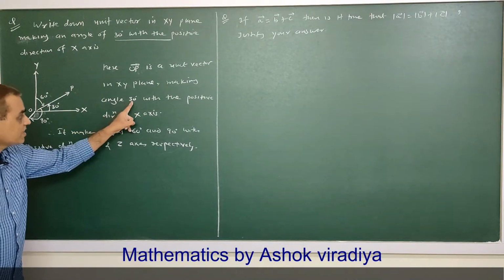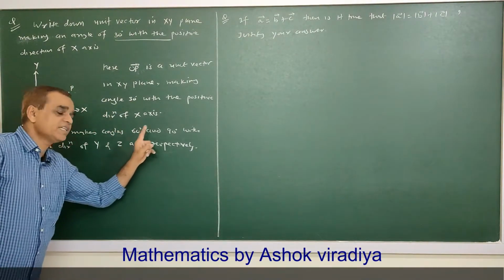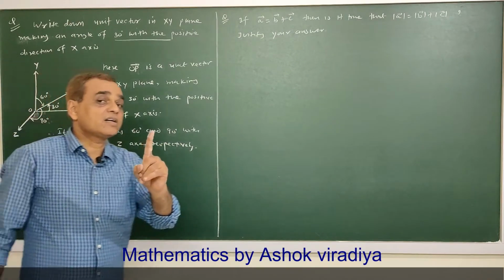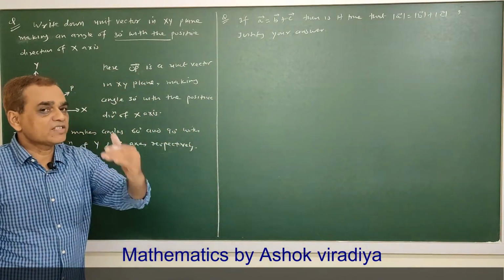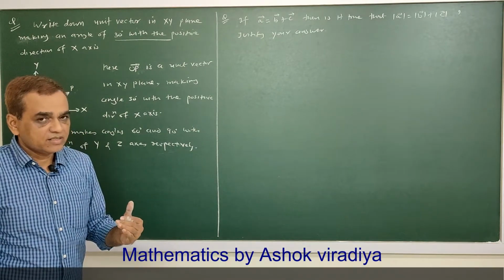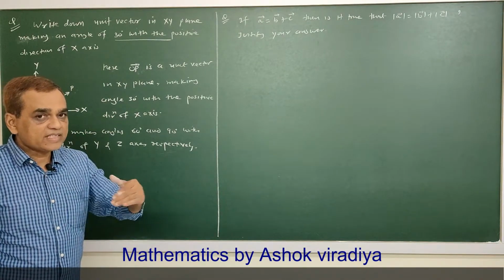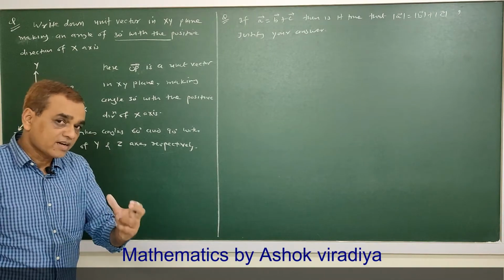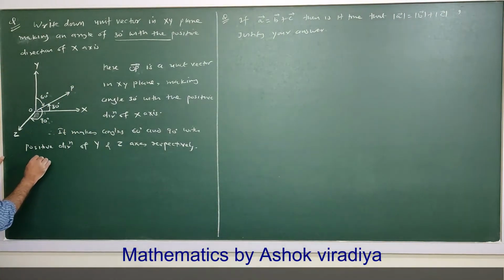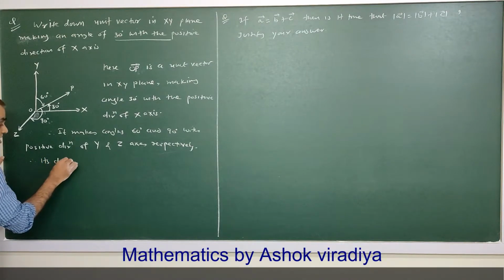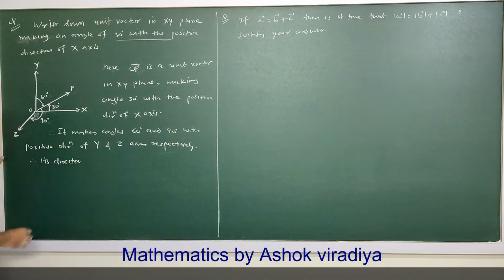So these numbers 30 degree, 60 degree and 90 degree are direction angles. Any vector makes angles alpha, beta, gamma with a positive axis, then these angles are direction angles, and direction cosines are cos alpha, cos beta, cos gamma.